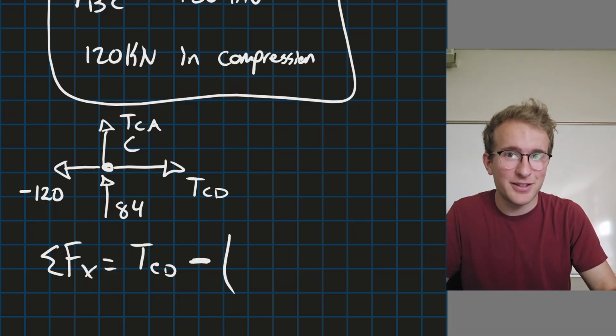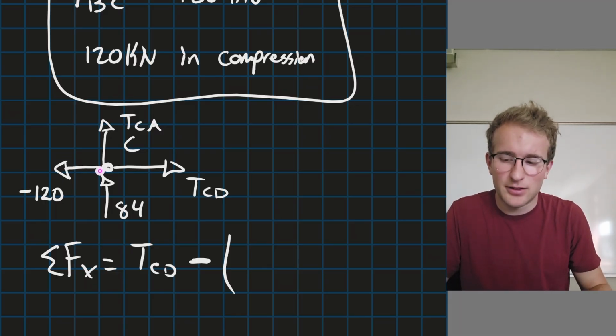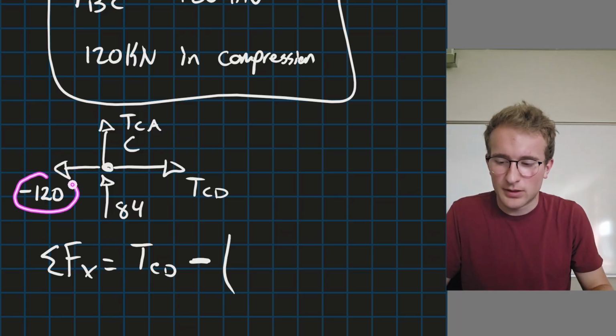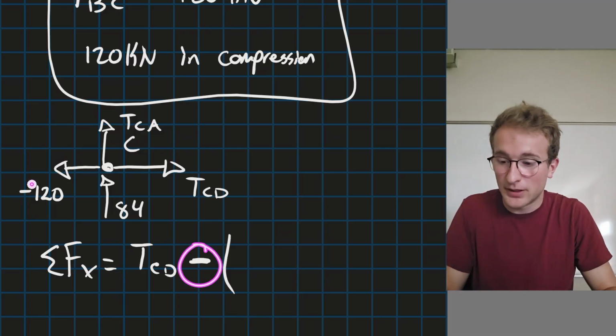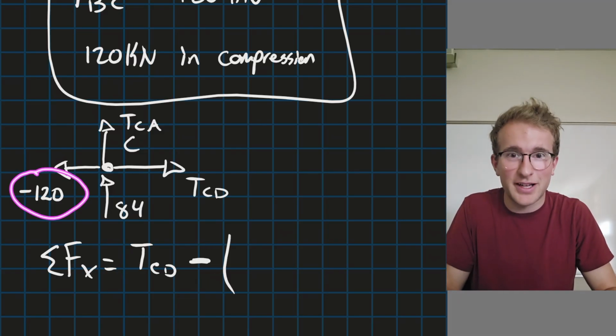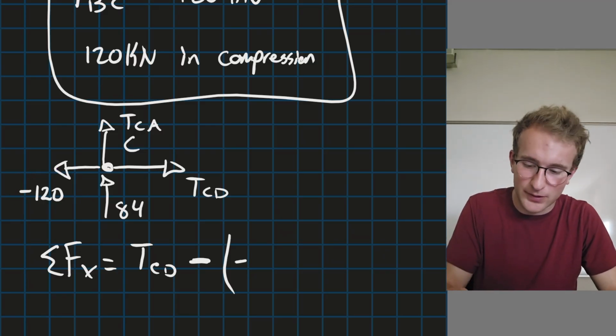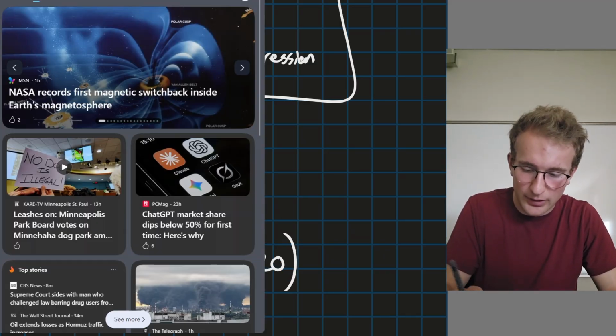Draw it as if it is in tension, even if it's not. Label its strength, negative 120. So this is in the negative direction, so that's where this minus comes from. Its strength we already found was negative 120, so I put minus 120 there.